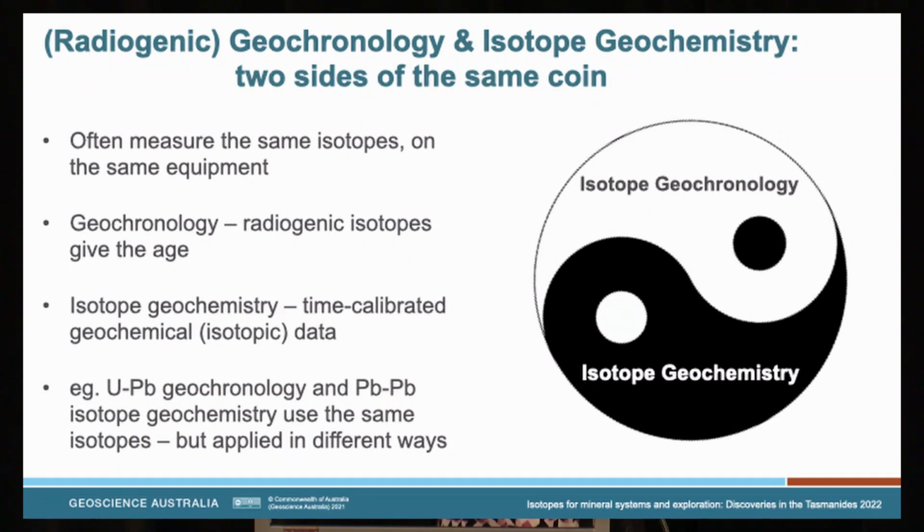So in the case of uranium, lead, it's the same decay. It's the same elements. It's the same isotopes, but we're focusing on different components of those elements to understand different parts. So, as said there, geochronology gives you the age, and isotope geochemistry tends to give you time-calibrated geochemical data.